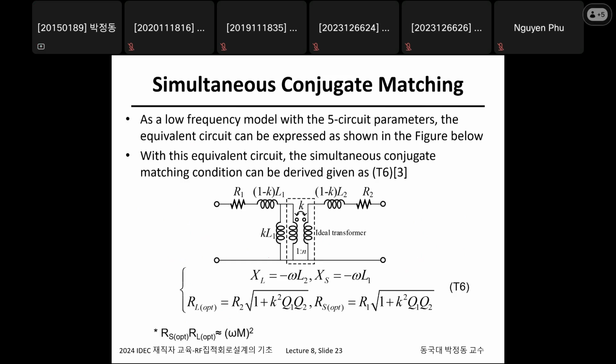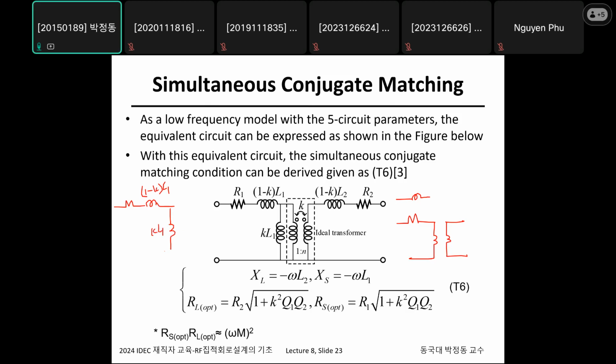So typically we model a transformer using 5 parameters, like this. And resistor, and this is 1 minus K L1, and this is K L1.